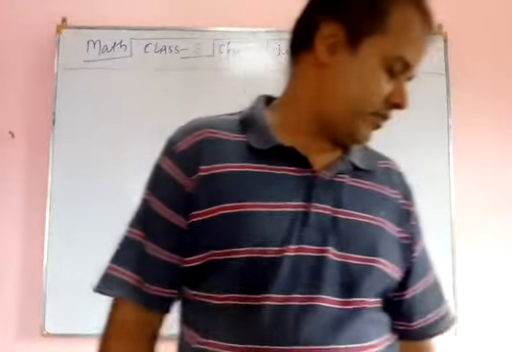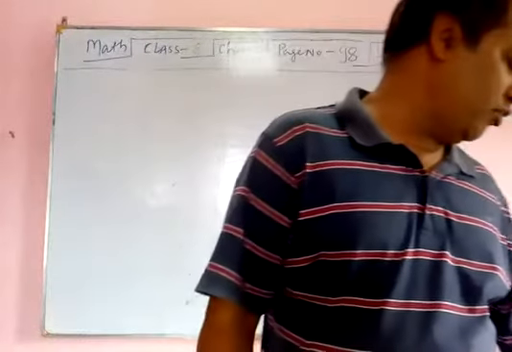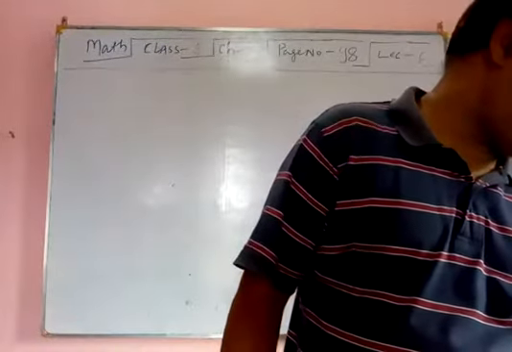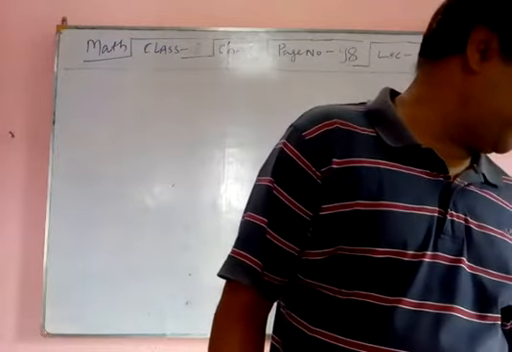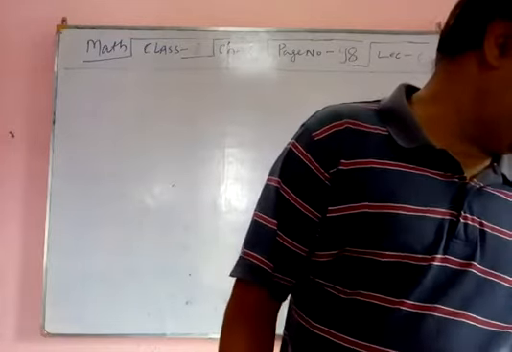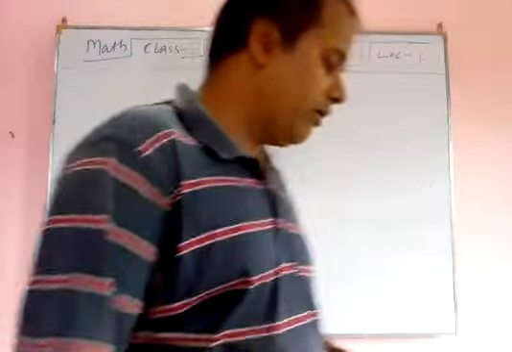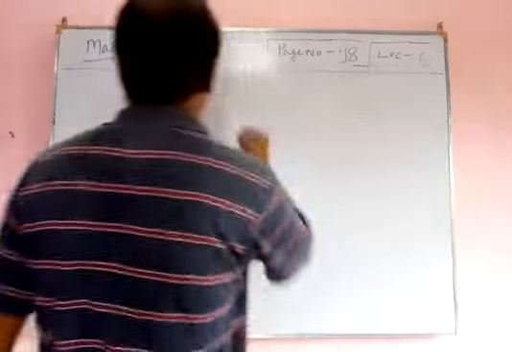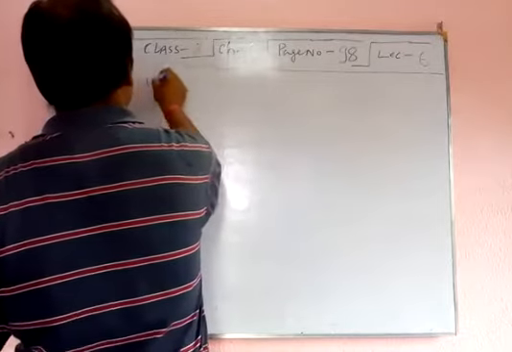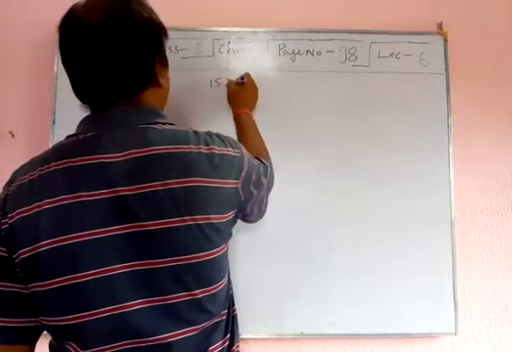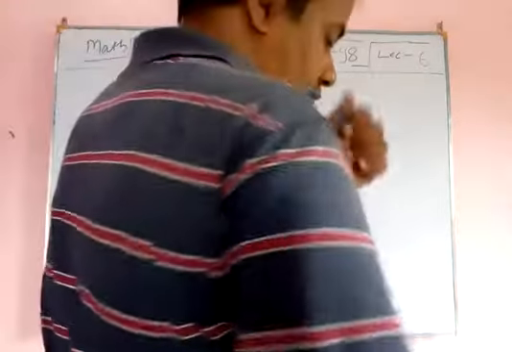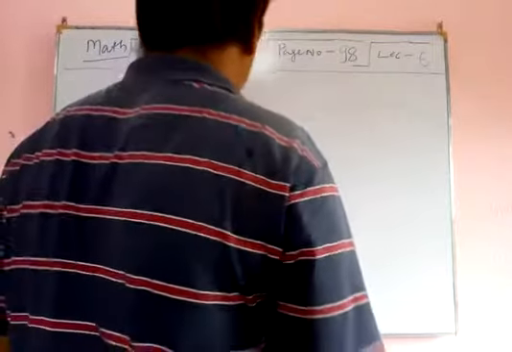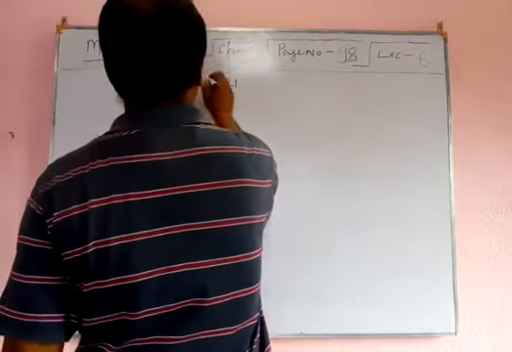Example number 6. This is page number 98 of Arya Book Depot class 8. Example number 6 is saying find the square root of 1521. So we will take the prime factorization of this.